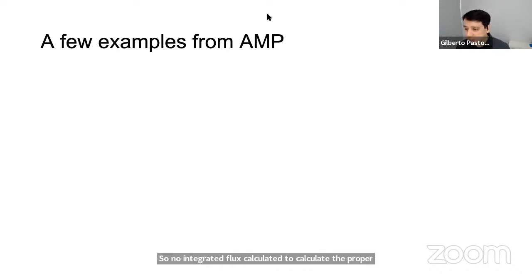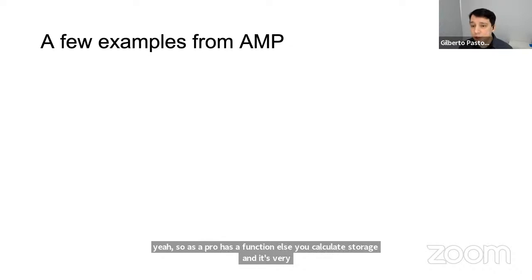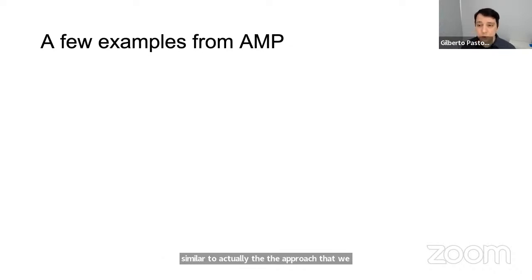So I'll take that one first. There's also a note about how EddyPro has a functionality to calculate storage, and it's very similar to the approach that we take to calculate storage. If you have a tower that is affected by storage, but you don't have a profile system to measure the storage, what we do is approximate the storage based on the top measurement of CO2 that you have.